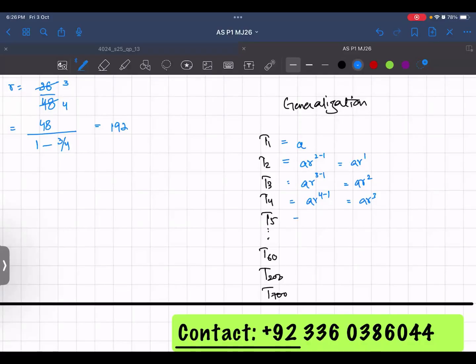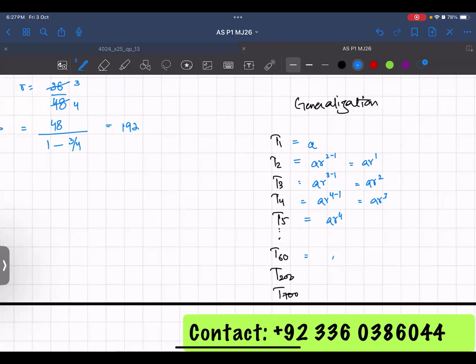So this would be A R power 4, because it is term 5. If it is term 60, then the power would be 1 less, A R 59. If your term is 200, then your power will be 199. If your term is 700, then your power will be 699. That's it. Generalization.